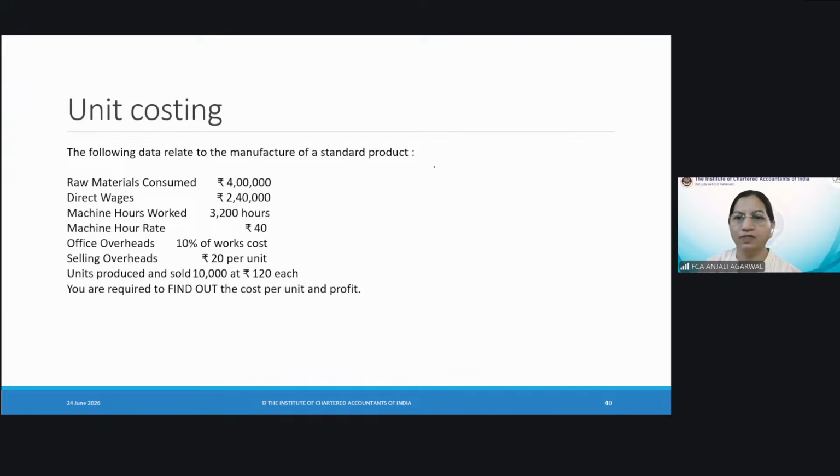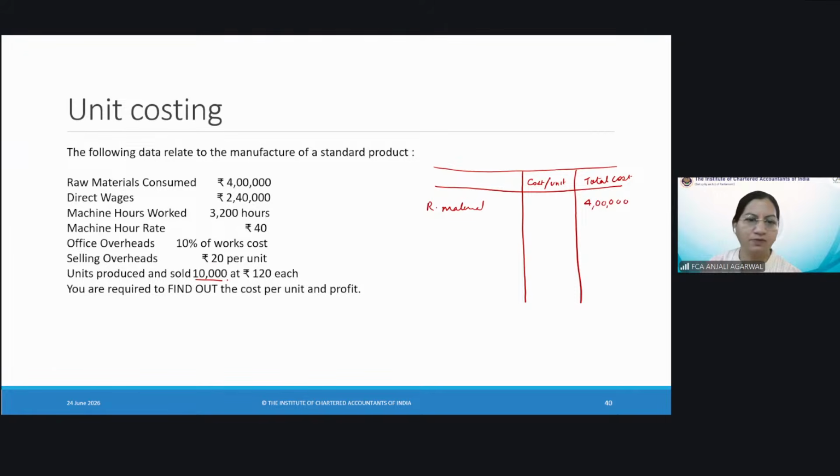So here the cost sheet will look something like this. You will always have a column of the total cost and a column of per unit cost. And apart from that, whatever we have learned in the cost sheet chapter, more or less the same concepts will be applicable here. So your raw material consumed is 4 lakh, and units produced and sold are 10,000.